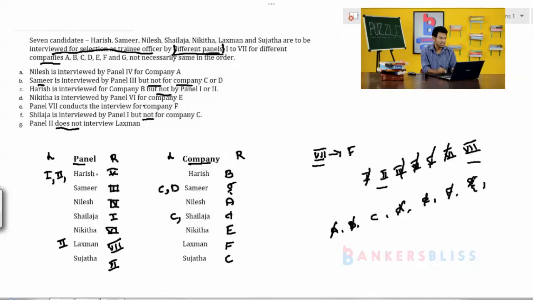So Harish is panel 5th, interviewed for company B. Samir is panel 3rd, interviewed for company G. Nilesh is panel 4, interviewed for company A. Next Shailaja, panel 1st, interviewed for company D, and Sujata, interviewed by panel 2nd, for company C. Is it clear? Then look at the questions they are asking related to this puzzle arrangement. Okay, look at the first question.